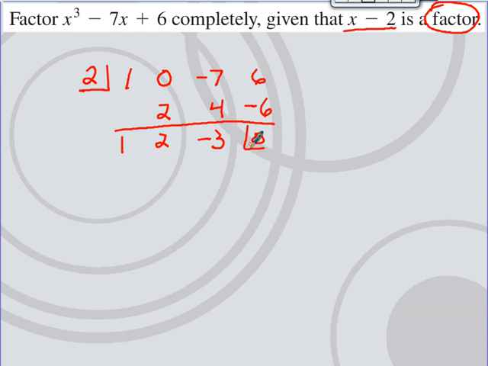So here we go. Let me remind you what I just did. I just divided x minus 2 into x to the third minus 7x plus 6, and I got a constant, an x term, and an x squared term. So I got x squared plus 2x minus 3.